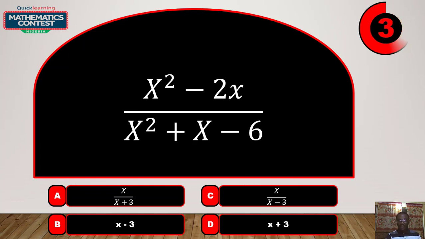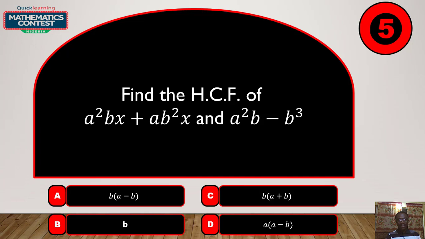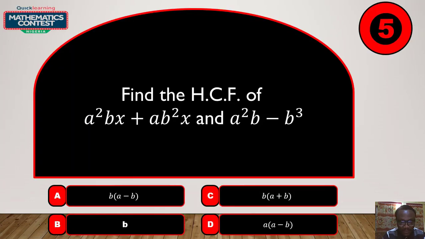So that is how to solve it. Okay, number 5. Find the HCF of a squared bx plus ab squared x and a squared b minus b cubed. Your time starts now. Okay, what is the answer here?